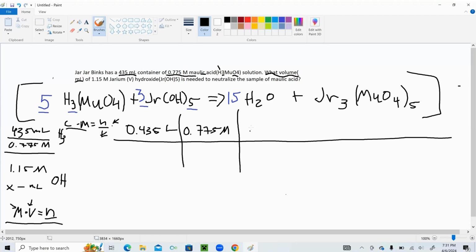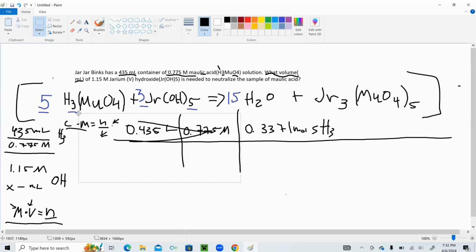So we have, I like to cancel this out, 0.3371 moles of H3, which translates to acid.